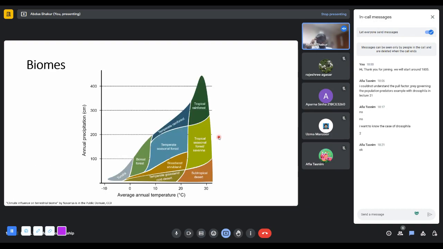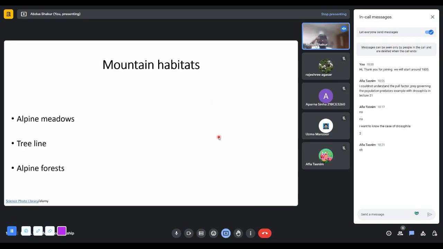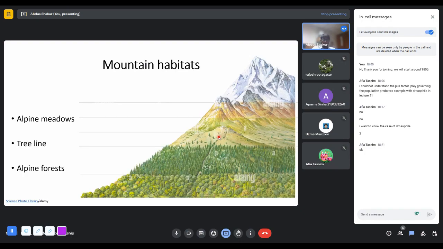And so, of most of the habitats, let's talk about some of those mountain habitats that were touched upon in the lectures. Of the major mountain habitats, one is alpine forest, the other is alpine meadows, and there is another important term called tree line that is associated with both. So what are alpine forests?